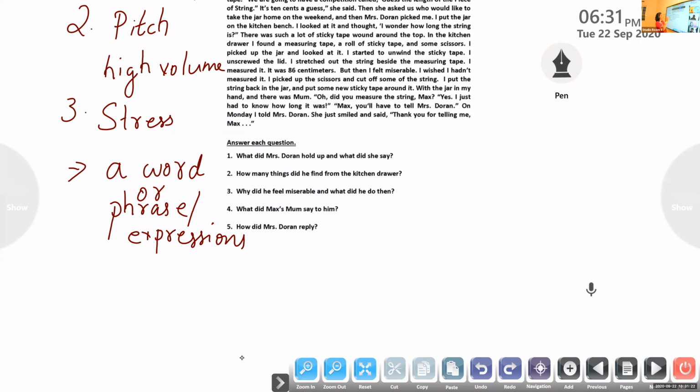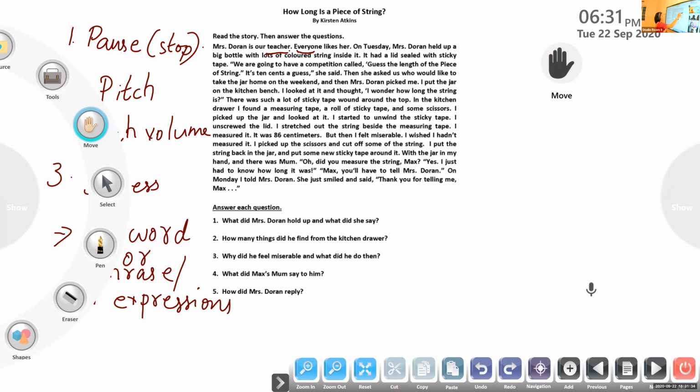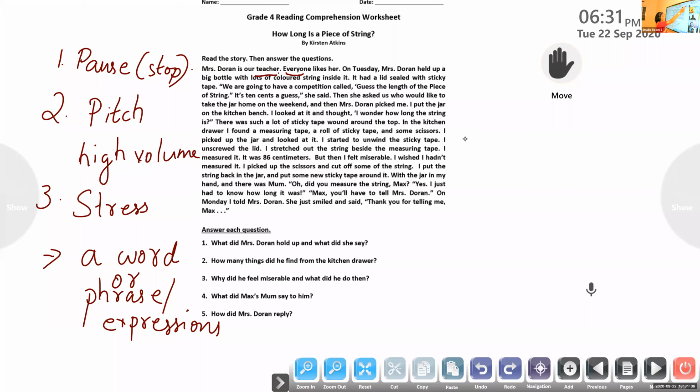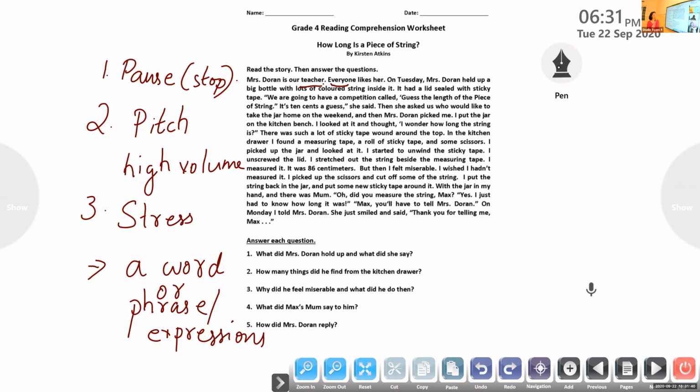Mostly expressions and phrases are applied with a lot of tone changes. What is an expression? I hope you all know. Sorry, what is a phrase? You know what a phrase is, right? It is a group of words which gives us a meaning, isn't it?